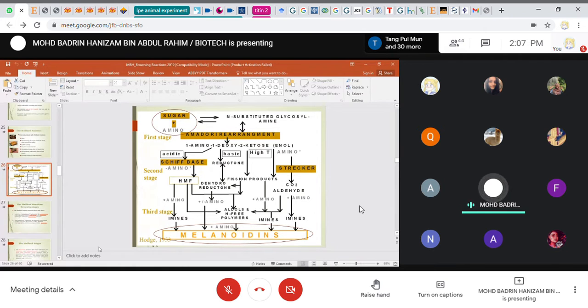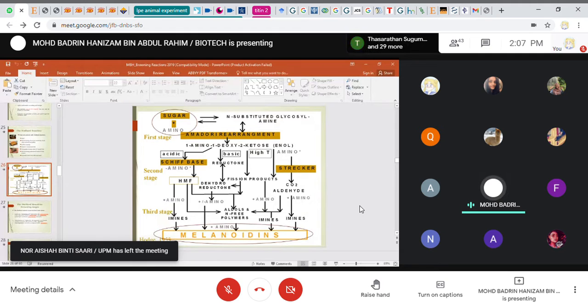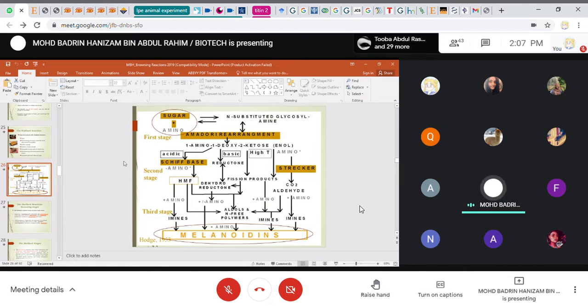This is the Maillard reaction. The Maillard reaction is an organic chemical reaction. The figure shows you a simplified version of the reaction. The reaction is very complicated. It involves lots of intermediate compounds. Hundreds, if not thousands, of compounds can be generated from this Maillard reaction.